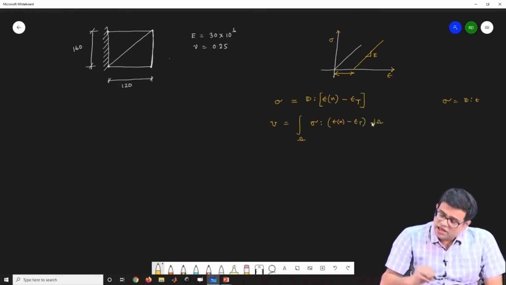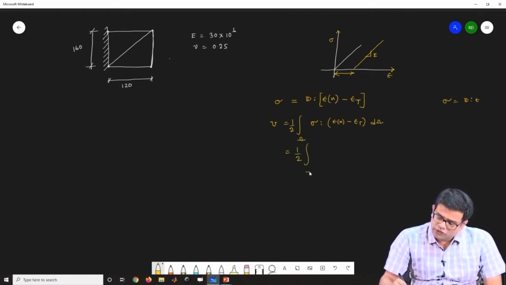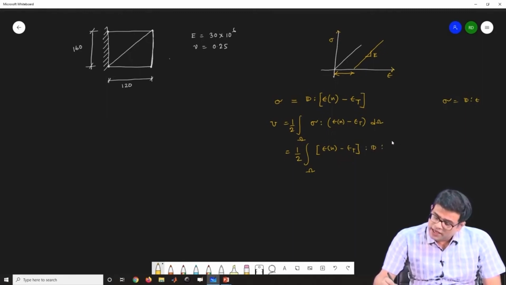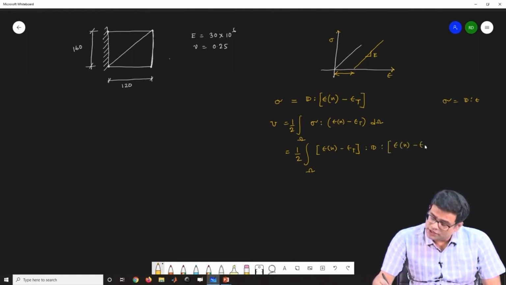This is my strain energy, and there will be a half. If I substitute this constitutive equation, then it will look like epsilon of u minus epsilon t transpose, or if I write it in tensorial notation, just inner product with the fourth order tensor D, and then epsilon u minus epsilon t. So this will be my strain energy density.